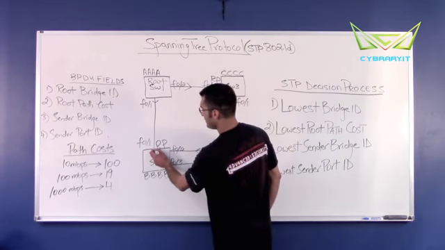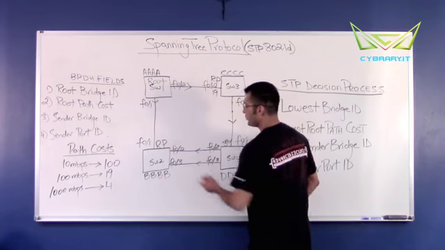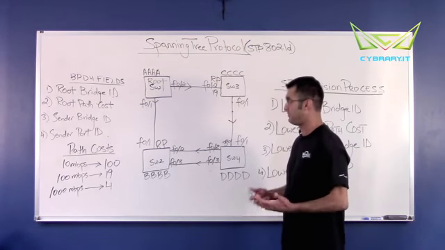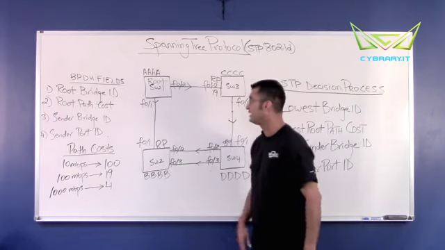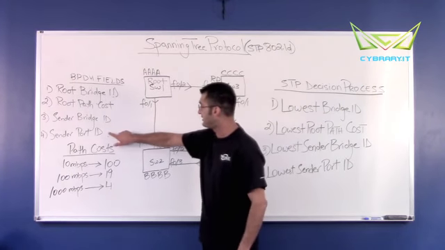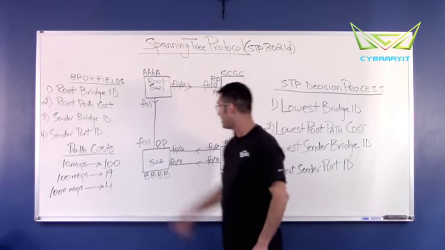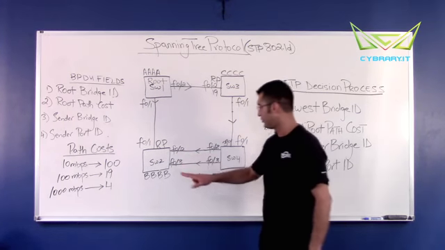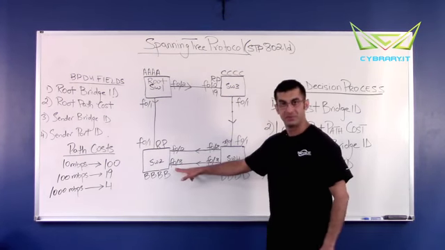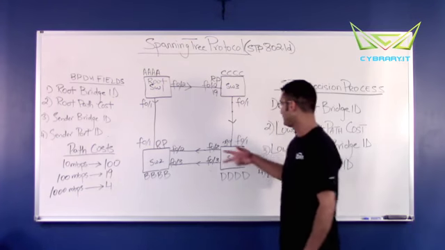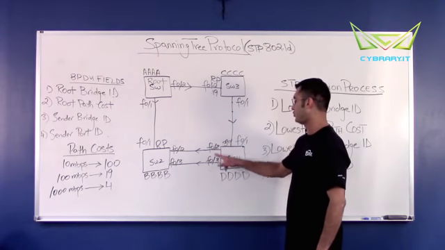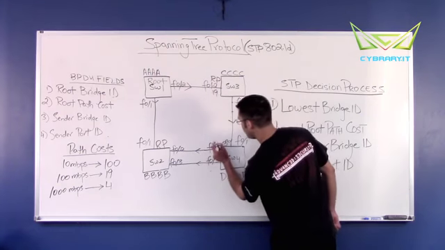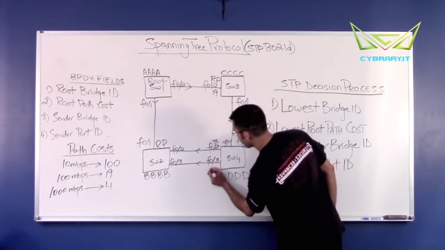Then this BPDU traverses switch 2, and it is converted to two separate BPDUs. It's actually the same BPDU, the only difference being that the sender port ID field inside of the BPDU now says port 2 for the BPDU leaving port 2 and port 3 for the BPDU leaving port 3. These two BPDUs enter switch 4 port 2 and port 3, and the cost for both of these is incremented to 38.